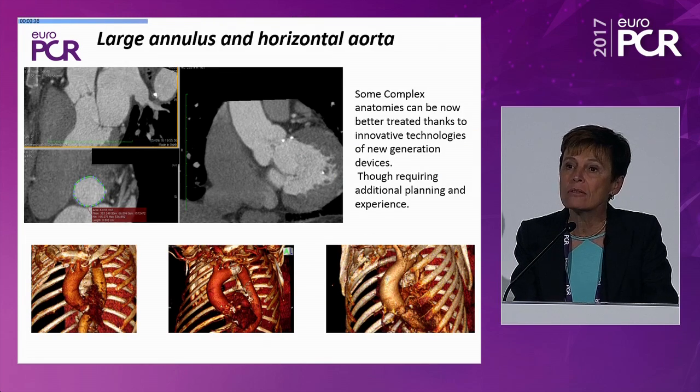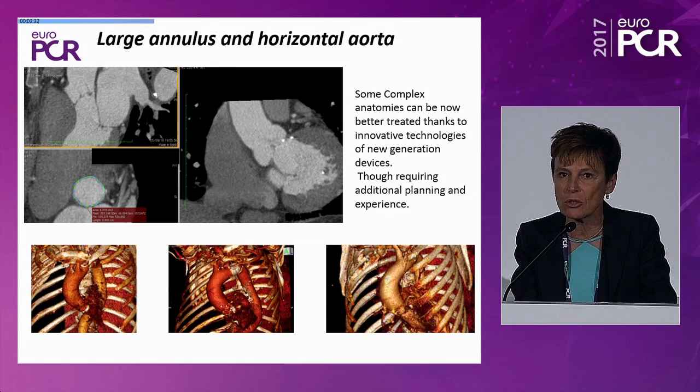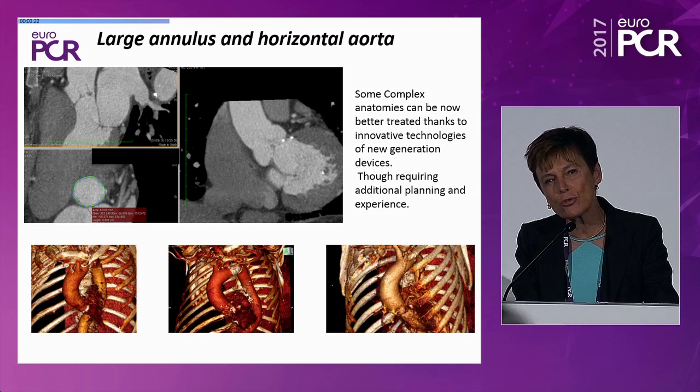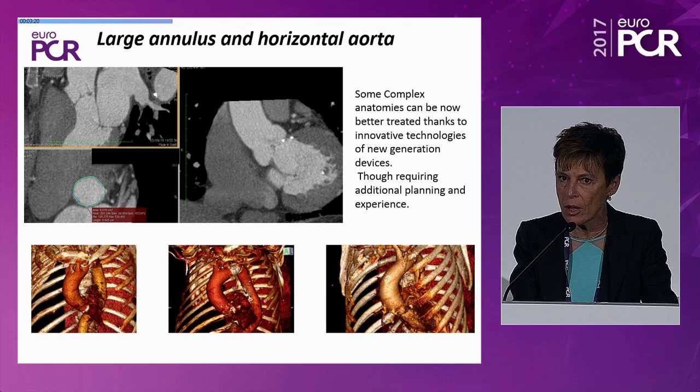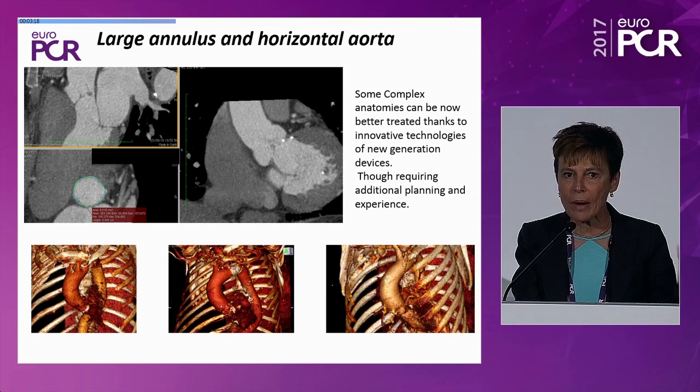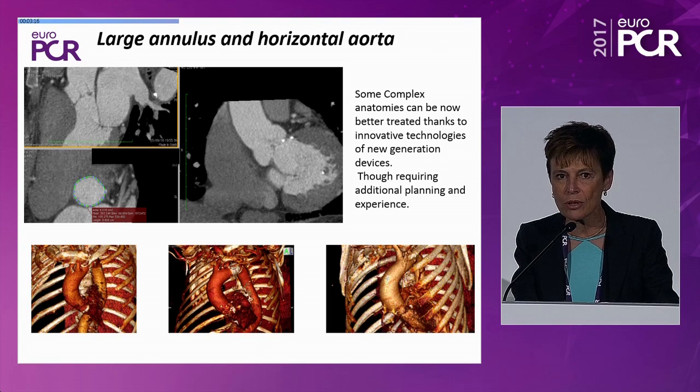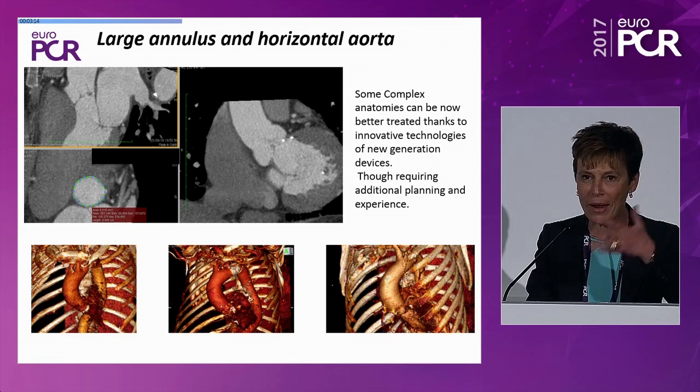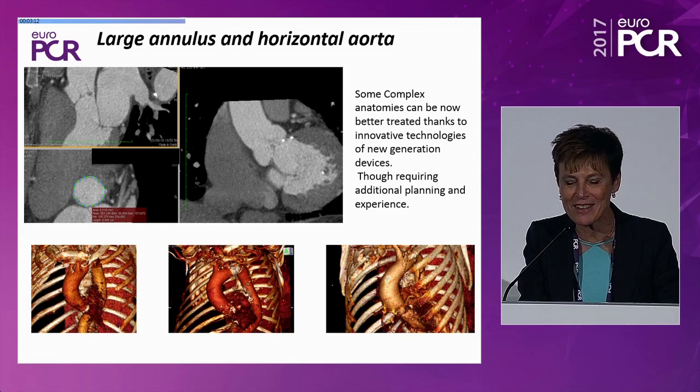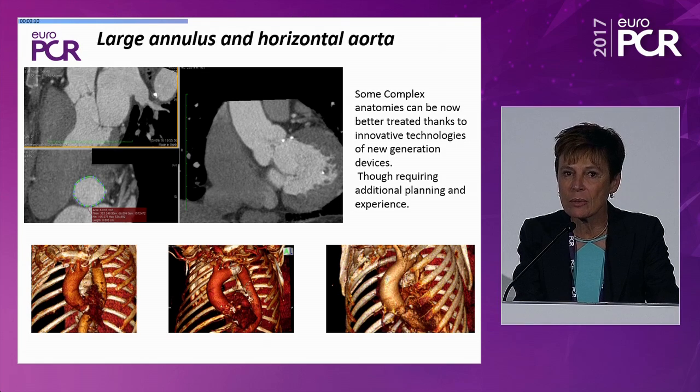A large annulus and a horizontal aorta are challenging situations that are getting simplified by the new techniques and new generation valves that are now retrievable and repositionable. If you plan and know exactly what you are going to do in the procedure, with the planes of the fluoroscopy, as we have been hearing just now, you can achieve a good result.